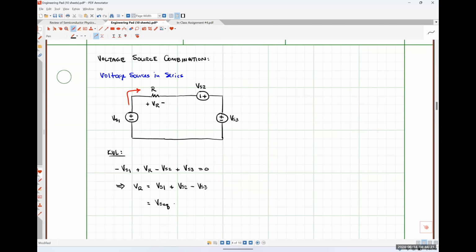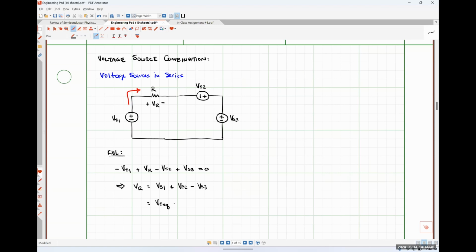VS3 is of the opposite polarity because we saw its positive terminal first. So voltage sources that have the same polarity just get added together, and voltage sources that have the opposite polarity get subtracted from the total. That's really how we combine voltage sources in series.